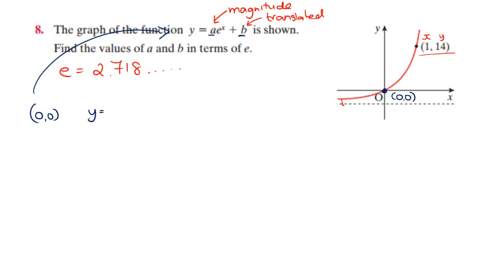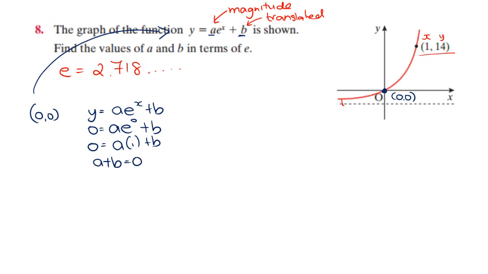So y equals ae to the power of x plus b. If I sub in 0 for y and 0 for x, that leaves me with 0 equals a, e to the power of 0 is 1, plus b. So we have a plus b equals 0.